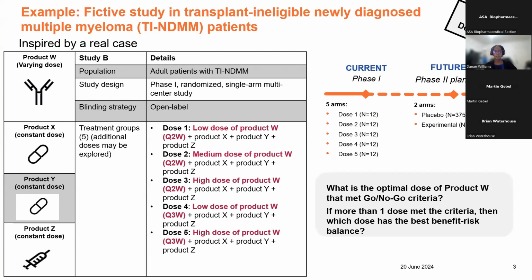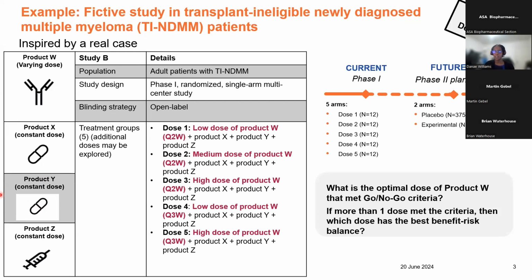To give some background, the example that I'll be using is a fictive oncology study, let's call this study B, where this was inspired by a real case where it was a phase 1 randomized single-arm multi-center study. And the study evaluated the safety of the combination of the varying dose of product W, and then you have, of course, the constant doses of products X, Y, and Z, where you have it in adult patients who are transplant ineligible, newly diagnosed multiple myeloma.